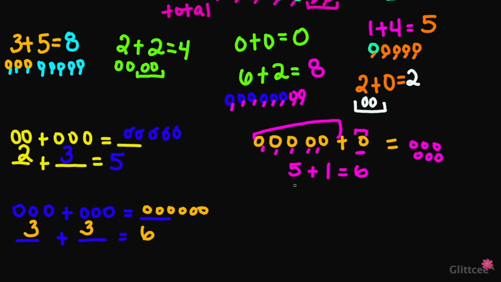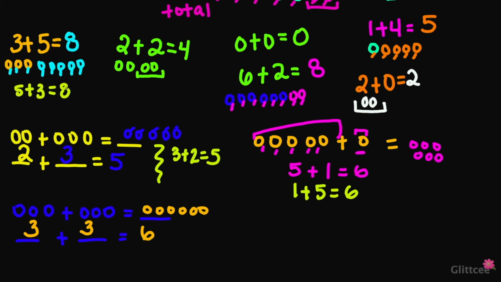And please also remember that 1 plus 5 also equals 6. Same thing. And when we looked at this problem here, 3 plus 2 also equals 5. Just like this problem up here, 5 plus 3 also equals 8. Okay, keep that in mind.